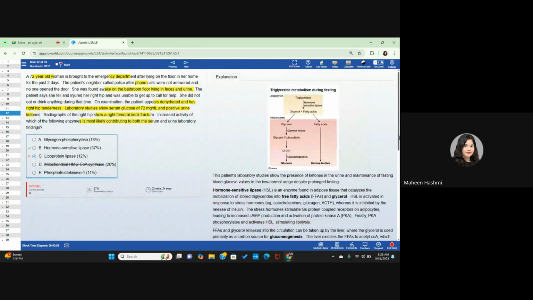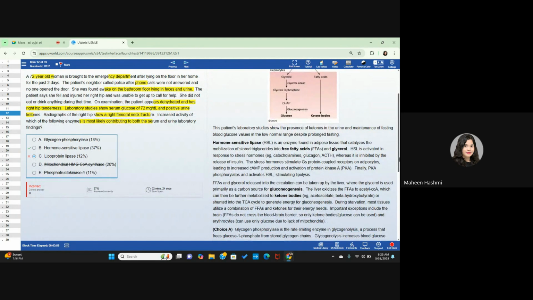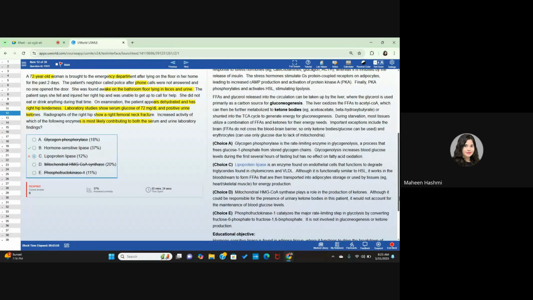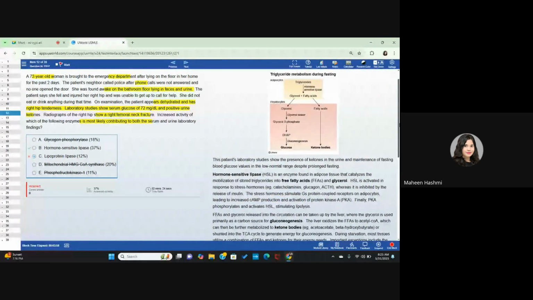So if you see over here, why wasn't it C, right? Lipoprotein lipase is an enzyme found in endothelial cells. Although it is functionally similar to HSL, it works in the bloodstream to form free fatty acid and then transport into adipocytes. So it is only getting transformed into free fatty acids.